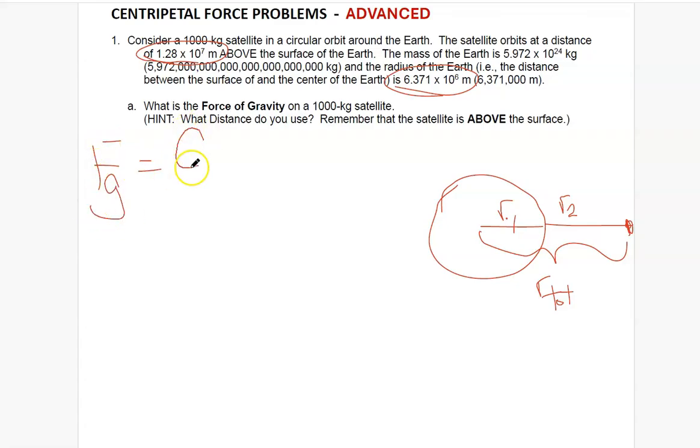It's capital G, which is the universal gravitational constant, times the first mass, which will be the mass of the Earth, times the second mass, which will be the mass of the satellite, divided by the distance squared. Well, it's the sum of those two distances. It's R1 plus R2, and we have to square that quantity.